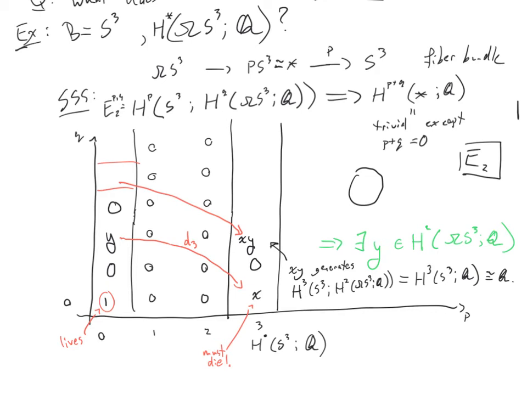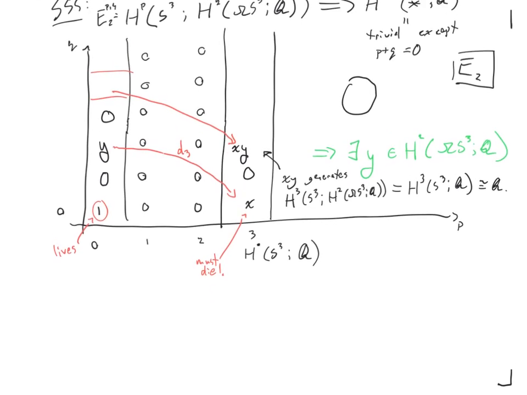And you can use this to deduce the multiplicative structure of the fiber. So let's just call this guy Z. And we say, okay, so if D, and this is going to be D3, but I'm just going to use D because there's only one page where the differentials are interesting.